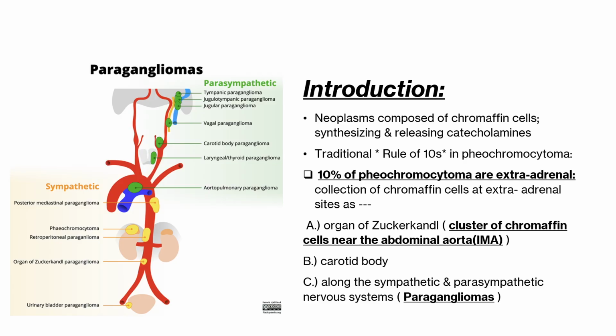In the picture, we can see the various parasympathetic and sympathetic trunks being affected, and the neoplasm present at such a site produces catecholamines similar to the adrenal pheochromocytoma, which results in the excessive synthesis as well as release of the catecholamines.